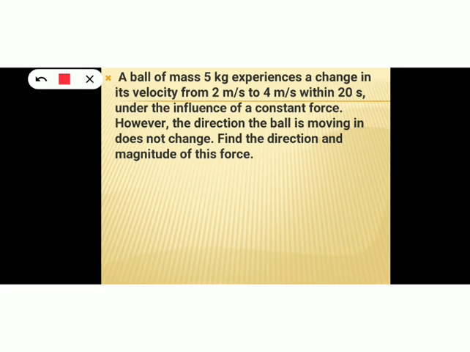Okay, so mass is given, mass of the ball is 5 kg and its velocity changes from 2 meters per second to 4 meters per second within 20 seconds. So initial velocity is 2, final velocity is 4 and time is 20 seconds.